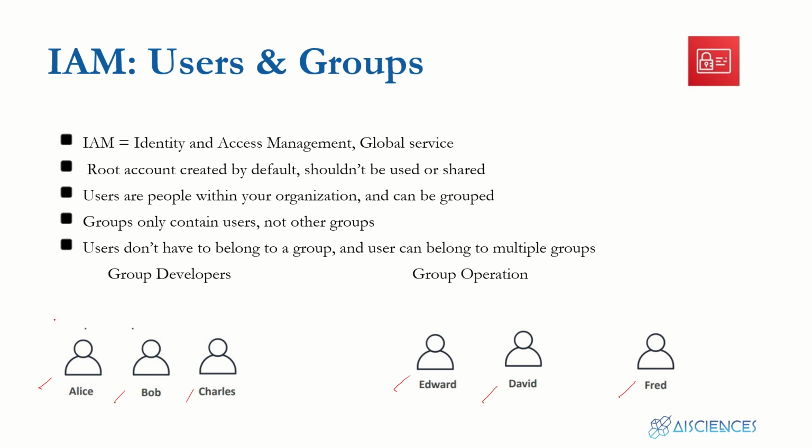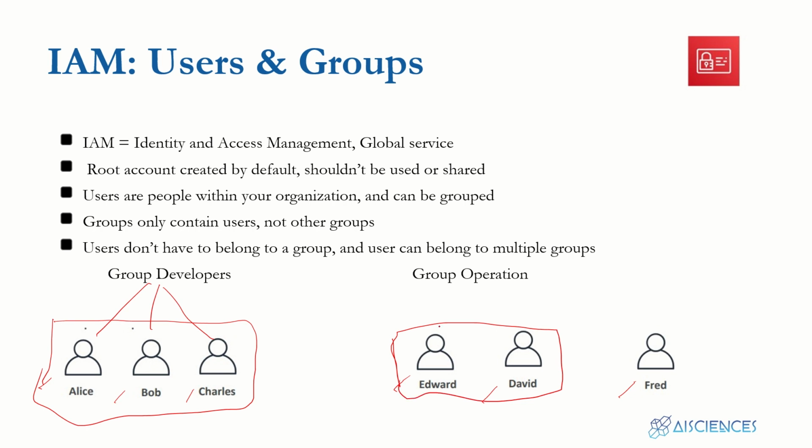Then we have Edward, David, and Fred. These three users, Alice, Bob, and Charles, belong to one group, let's say the group developers. And Edward and David belong to another group known as the group operation. Now, Fred over here doesn't belong to any group, but it doesn't mean that he is not a user. He is still a user, right?